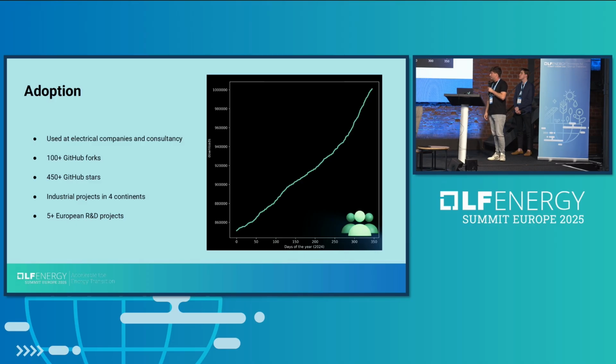Finally, to talk a bit about the adoption of GridCal, last year we reached 1 million cumulative downloads, so we think this is something that people are interested in. It is also being used in the planning department of the Spanish TSO, Red Eléctrica, and is also being used in several industrial projects around the world, and in many European research and development projects. So we envision GridCal as a tool that is constantly growing.